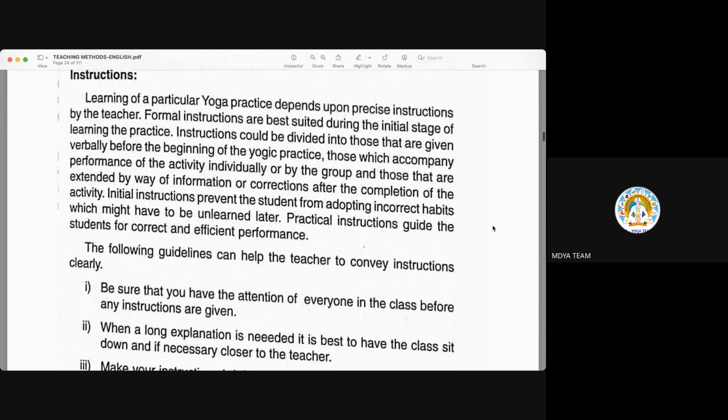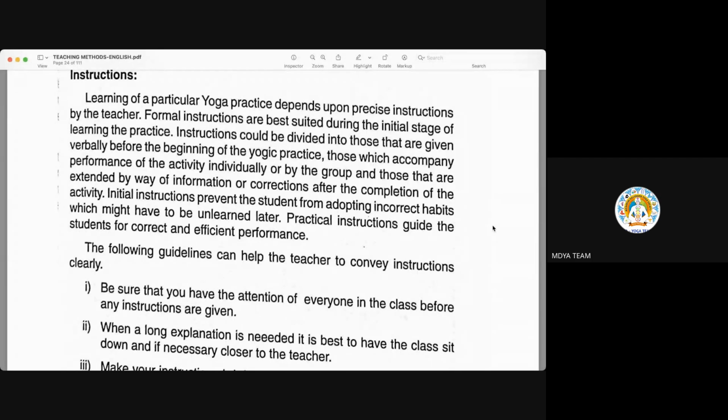Then instructions. See, learning of a particular practice depends upon precise instructions by the teacher. How the teacher is giving instructions, whether it is standing posture, simply Tadasana.